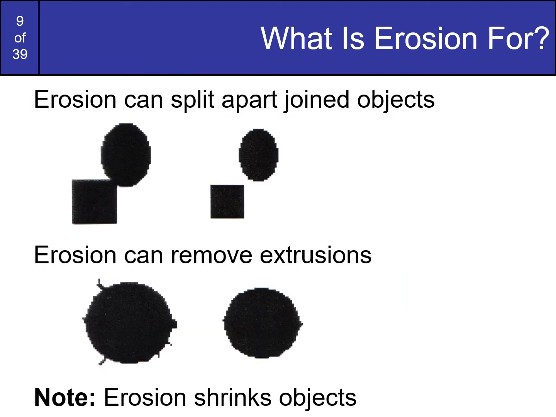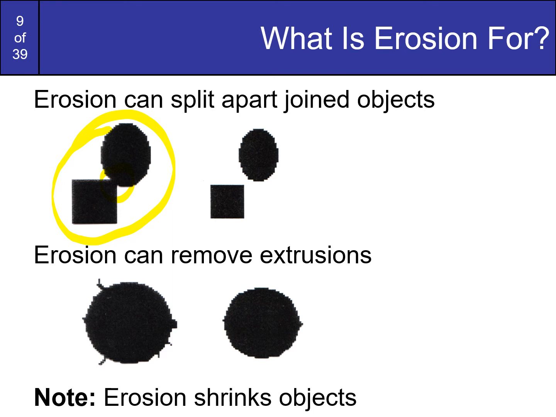So to further understand what erosion is for, we now look at this example. If we have two objects which are touching one another or combined, like this one, and we want to separate them, we can use erosion for that purpose.